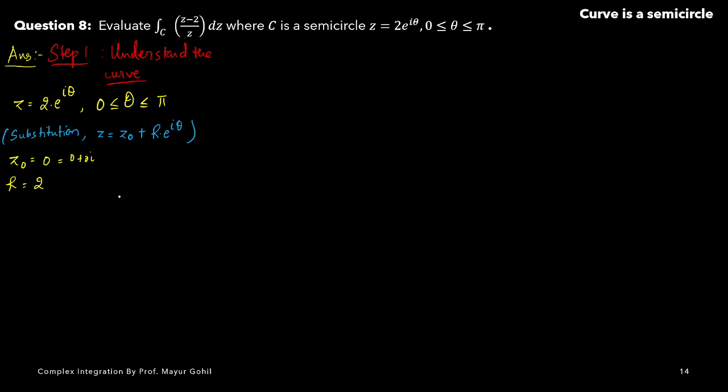Alright, we get that. Now from this substitution we can also understand that the limits are already there. Now from this we can find dz. Therefore, step number 2 comes into the picture. Step 2 is find dz.